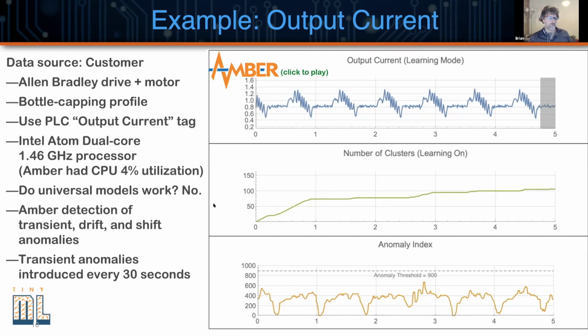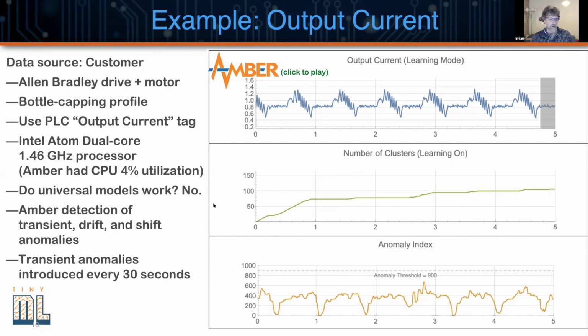So part of this customer engagement was a controlled experiment using identical motor and drive configurations. The short answer here is that no, universal models don't work. Every asset is unique and needs to have a model trained uniquely for that asset in order to get the best detection and the lowest false positive rate.